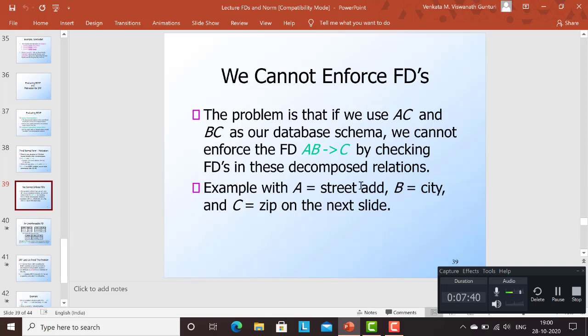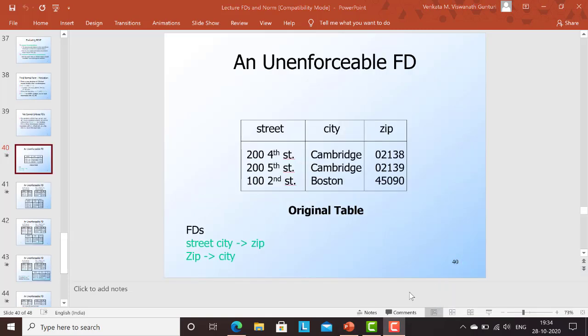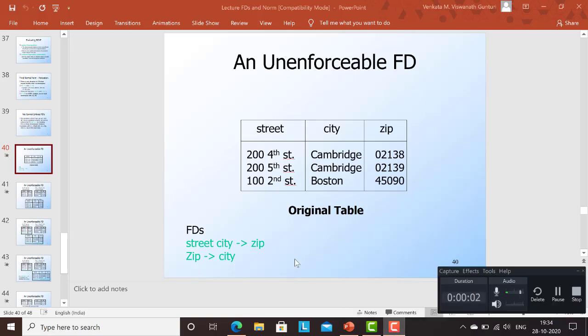That's why I said the example I'm going to show you for loss of functional dependency preservation will look very contrived. It is much more from a theory angle, but nevertheless, we should understand the fact that BCNF cannot guarantee 100% functional dependency preservation. Okay, so let's see an example of that.